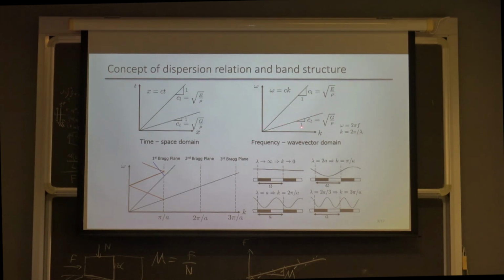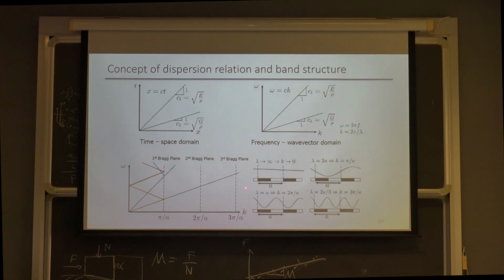In an isotropic homogeneous material, for example aluminum, I don't have dispersion, so I will have two lines. The one with the lowest inclination is the shear wave, and the second, with the highest, is the pressure wave. Something we know from high school physics, so nothing new.